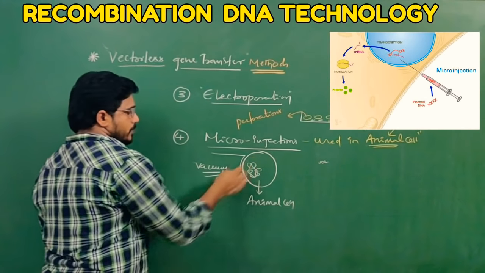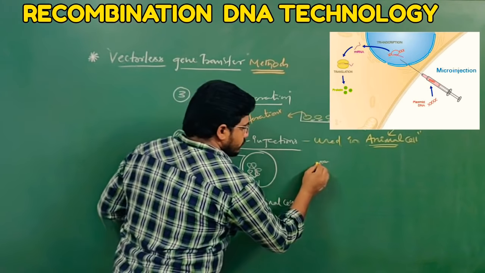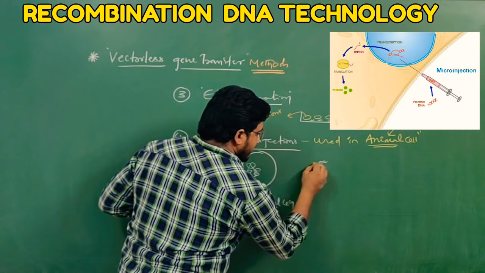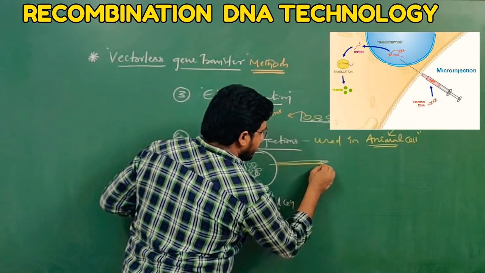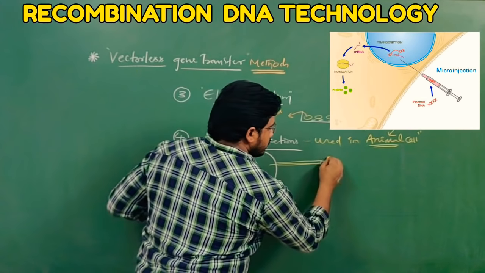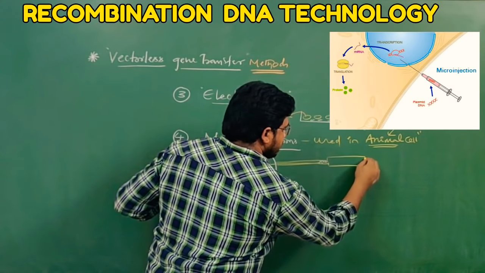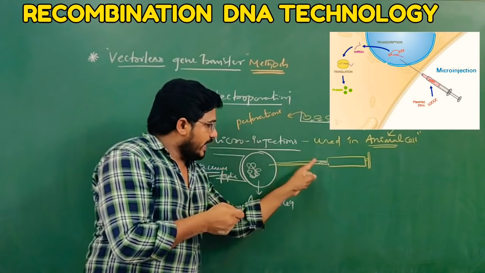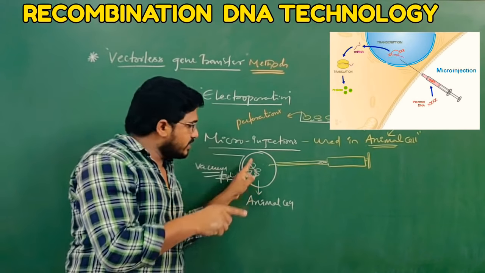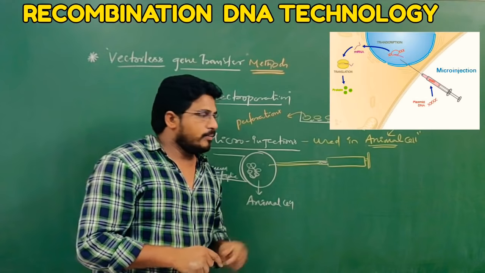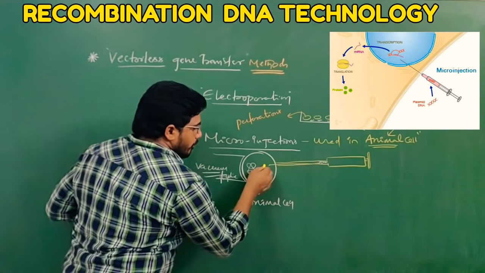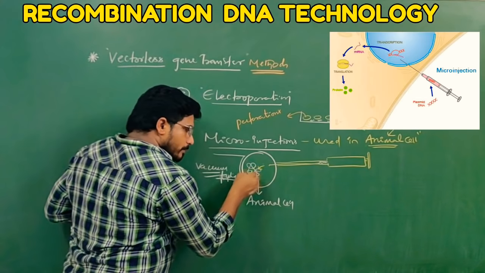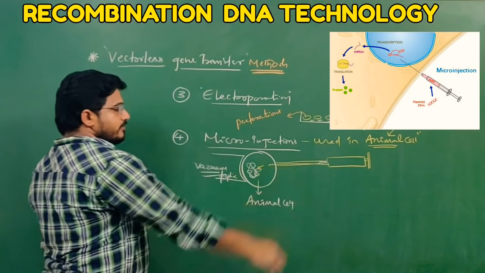Inside the cytoplasm the genome is present, and the desired gene is directly injected with a needle-like structure, very minute, just like a syringe. Using the injecting method, directly into the tissue and cells, inside the cytoplasm also we can introduce the desired gene, and later it will be incorporated with the genome of the host.